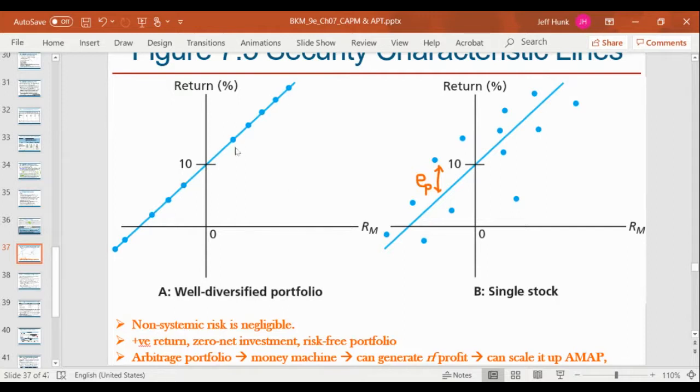So the regression errors, or the residuals, will be zero. They will neatly fall on the regression line, and you will have only positive alpha.